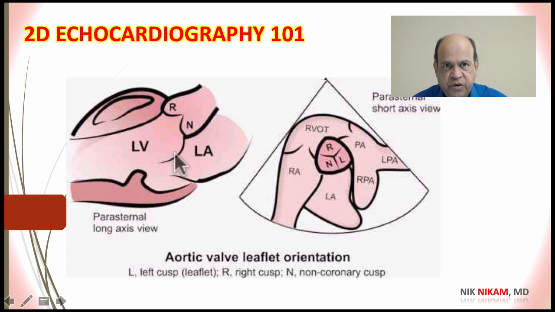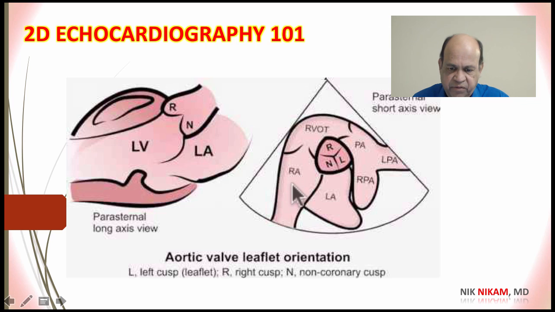When the transducer is turned 90 degrees to give us the short axis of the heart, at the base we have the aortic root with the 3 coronary cusps: the left, the non-coronary cusp, and the right coronary cusp. The left main coronary artery arises from the left coronary cusp, and the right coronary artery arises from the right coronary cusp.